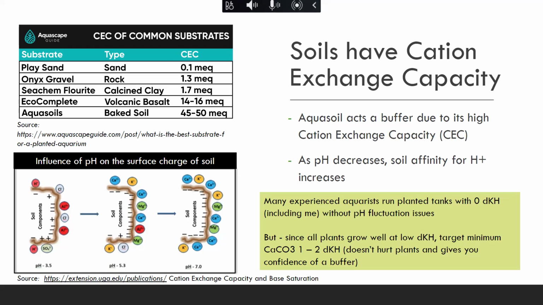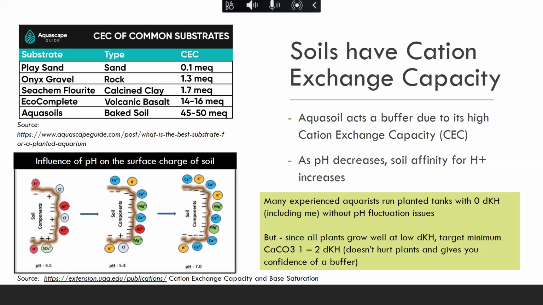So yes, I don't bother adding carbonate to my tanks. However, all plants grow well at low DKH, right? And having a KH of 1 to 2 isn't a bad idea, because it doesn't hurt your plants, and it's going to give you that confidence of having a buffer.